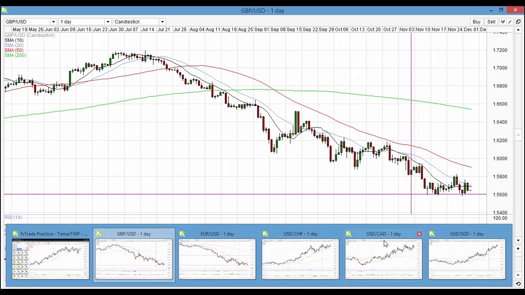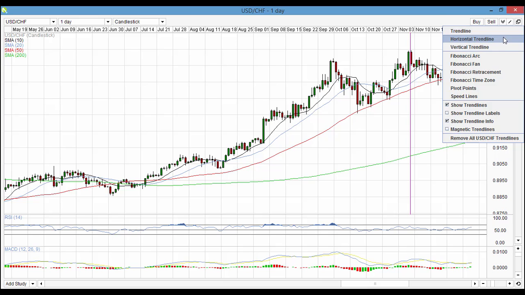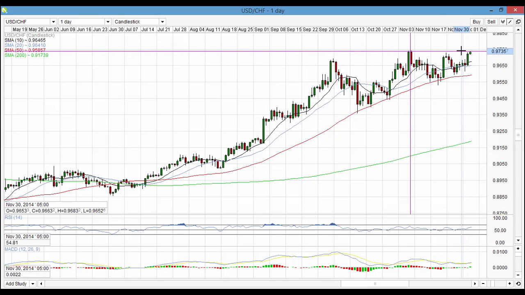Let's take a look at dollar Swiss, and the level that we're looking at on dollar Swiss is right around here, around the level of 0.974. We can see that we didn't have such precise touches as we did with cable or with euro dollar. However, again, we have a level. This is the touch here, there's another touch quite close over here, and now we're coming up into this level as well.